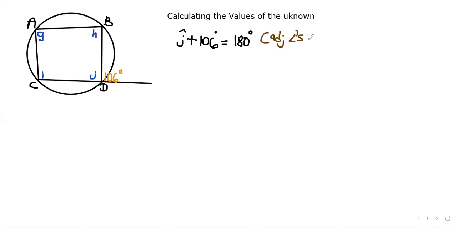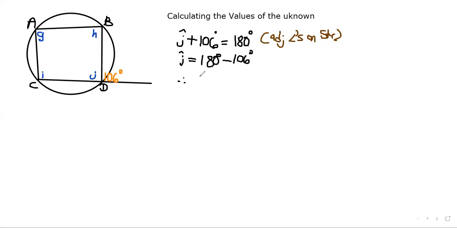Adjacent angles on a straight line. Then when you continue, you're going to say angle J is equal to 180 degrees, then you take positive 106 and transpose it to that side, it changes the sign to become minus 106 degrees.